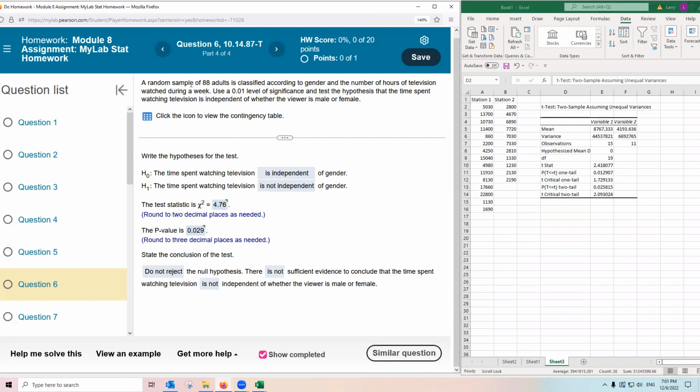It says a random sample of 88 adults is classified according to gender and number of hours of TV they watch. Use 0.01 level of significance, that means alpha, and test the hypothesis that the time spent watching television is independent of whether the viewer is male or female. Well, we call this a test for independence.